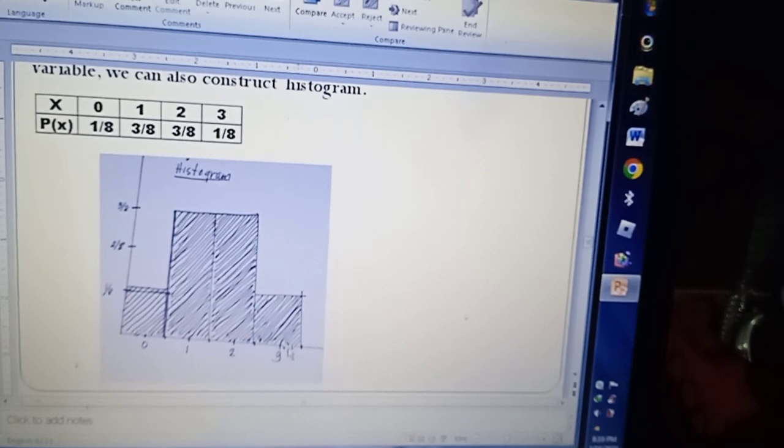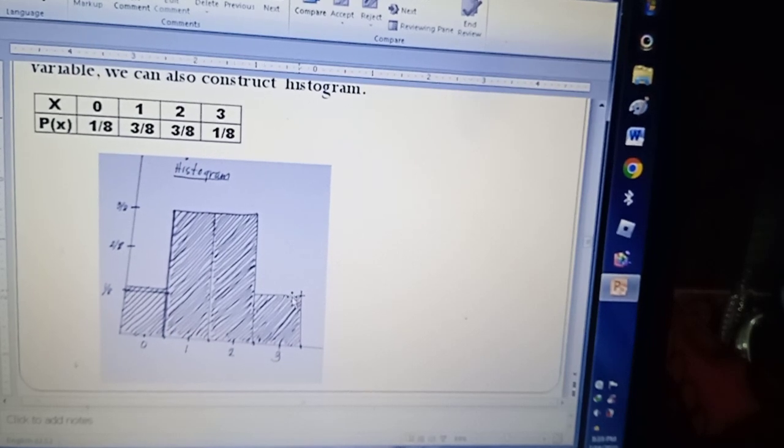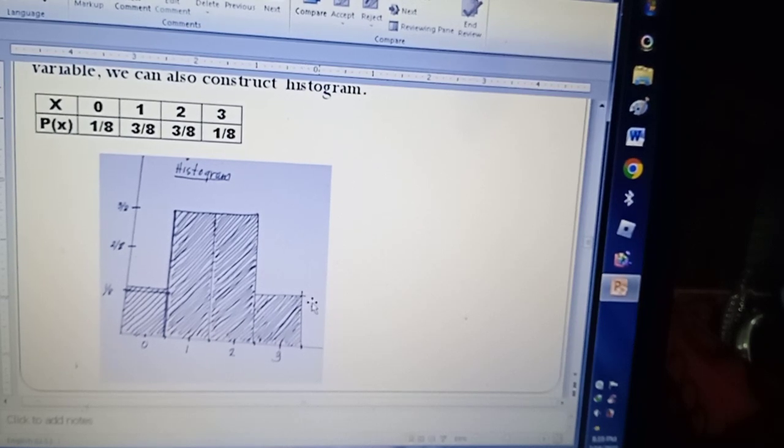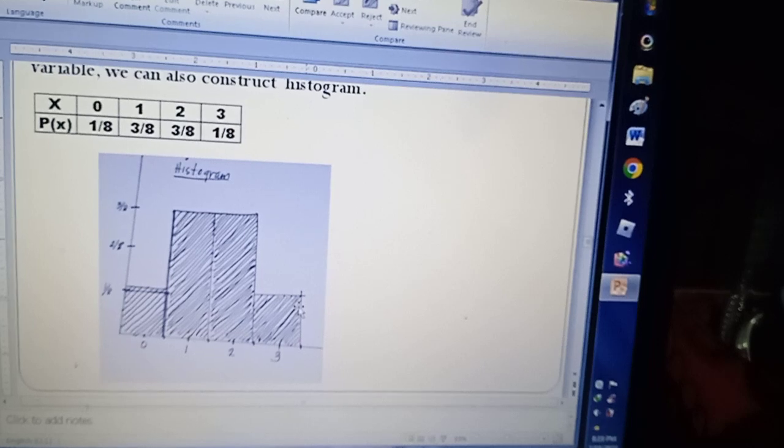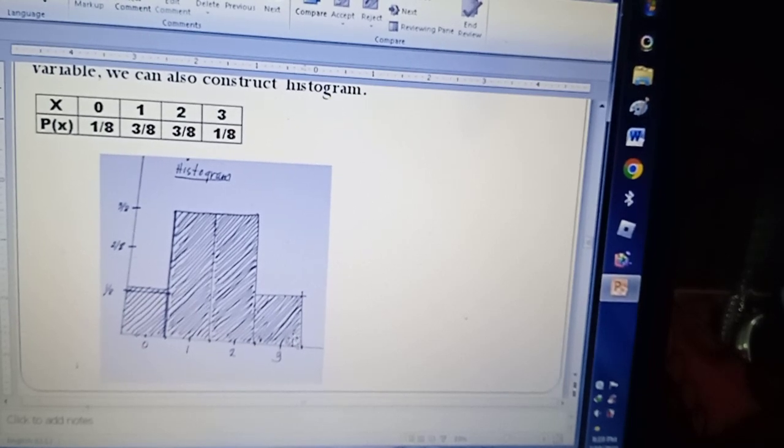And for 3 there is only 1 outcome, so 1 out of 8, so 1/8. So draw a line here, taking care that it's the same width as the other 3, and draw a line towards 1/8, connect here and shade.